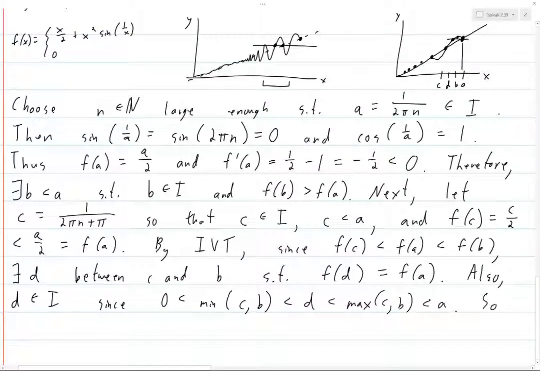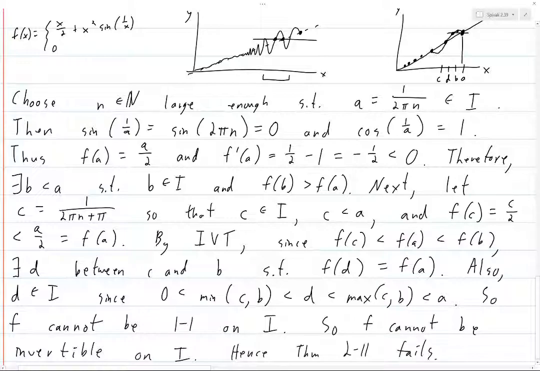So F cannot be 1-to-1 on I. So F cannot be invertible on I. Hence, theorem 2-11 fails if we do not assume that F is continuously differentiable at this particular point.